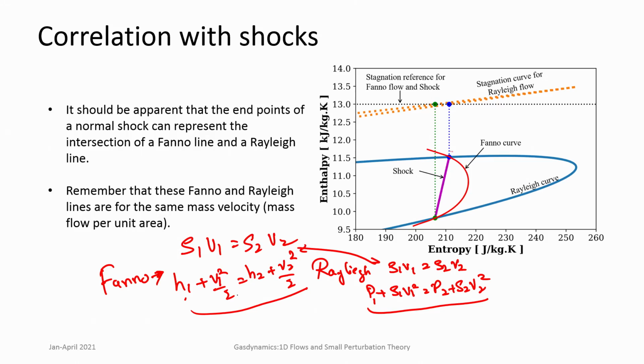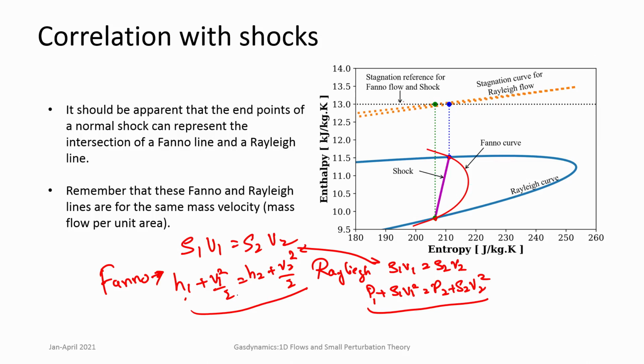So, an intersection of a Fanno curve with a Rayleigh curve is nothing but the shock. You can locate a shock at the intersections of a Fanno curve and a Rayleigh curve.